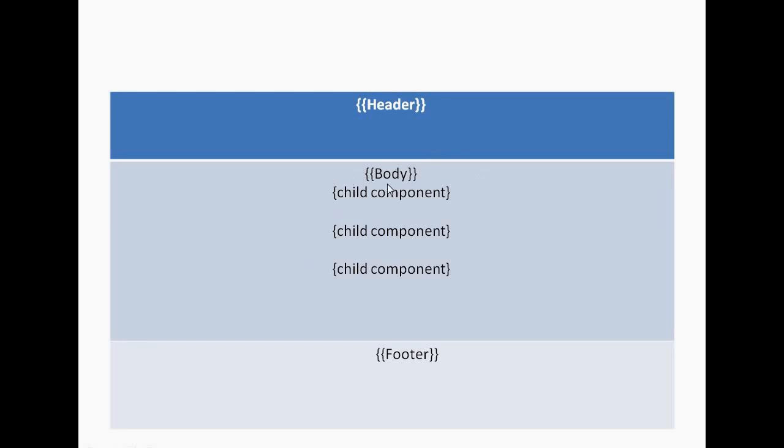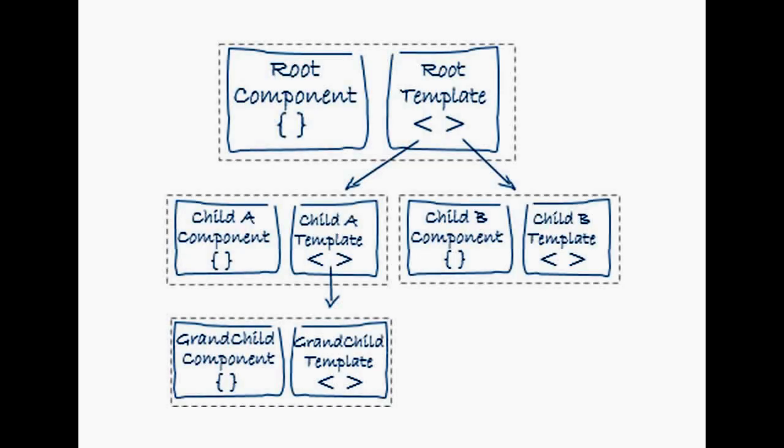As we discussed, a component can be a collection of other components. Here is the root component tree. Every application has a root component. Here the root template again contains the child components.